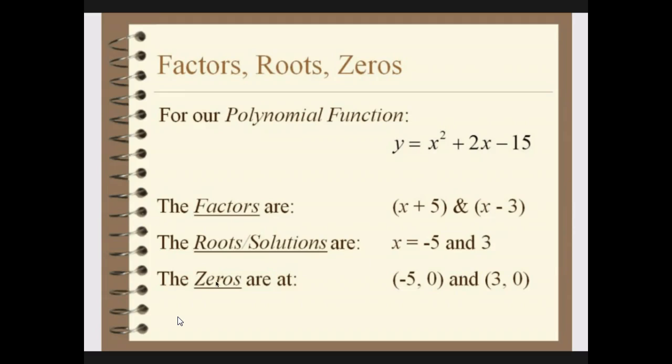And if we talk about the zeros or the x-intercepts, then we're talking about coordinate points. So the difference is how you are writing them. Factors have parentheses, solutions are equations, and intercepts and zeros are coordinate points.